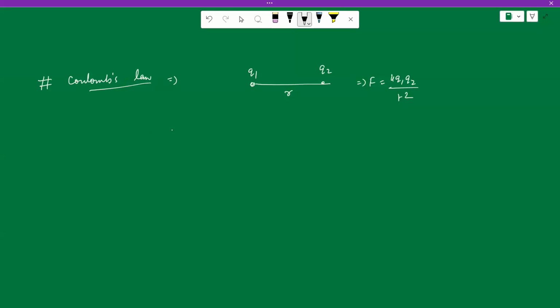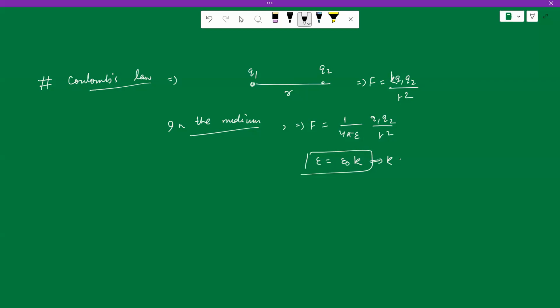Put this thing in the medium, right? In the medium, this becomes F equals 1 by 4 pi E, and then Q1 Q2 by R square, where this E is epsilon naught, and then not this K, but this kappa, right?